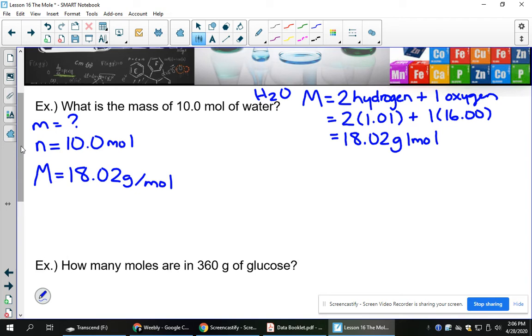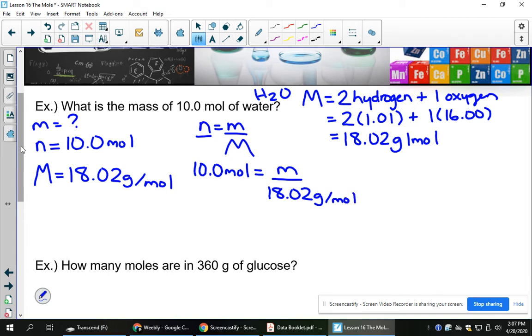Now I can write my formula from my data booklet. And I can sub my numbers in and solve for mass. So number of moles on this side is 10.0. I don't know mass, but I know molar mass. Now in chemistry and physics, we don't get lazy.